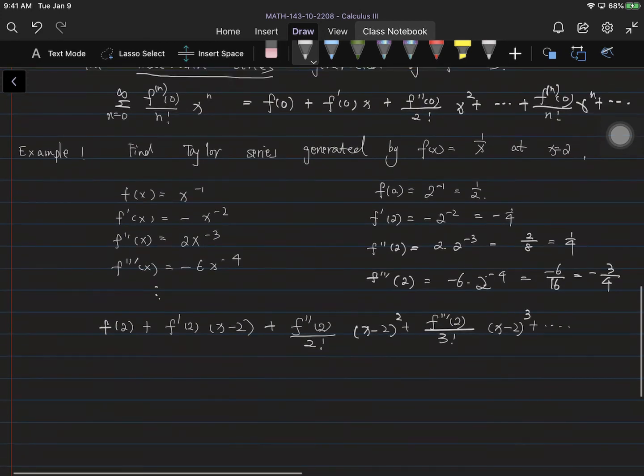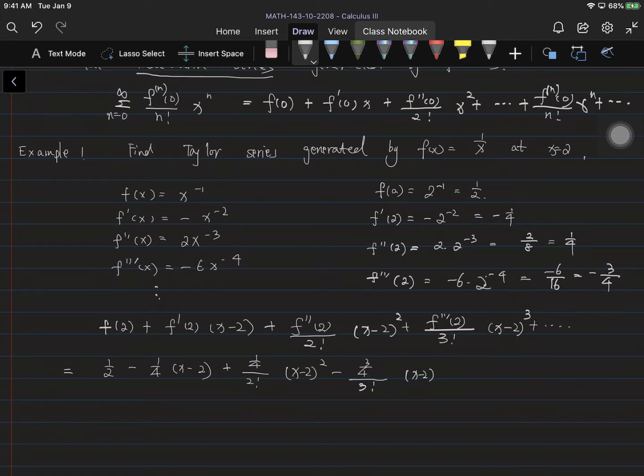Okay, like this. And then f(2) is 1/2, f prime(2) is negative 1/4, and 1/4 divided by 2 factorial, which is 1/8 actually. And here that is negative 3/8 divided by 3 factorial, right?